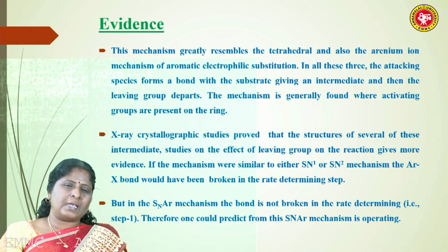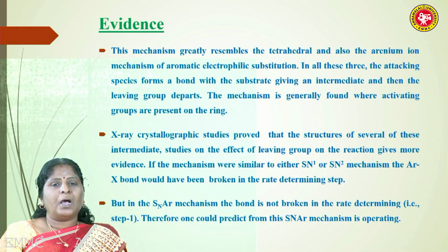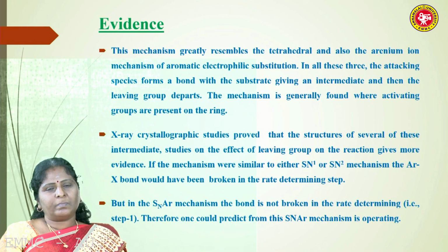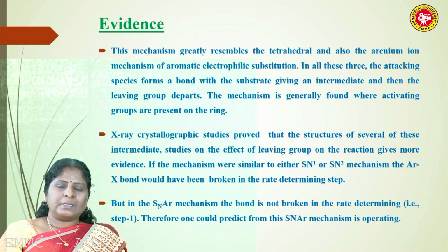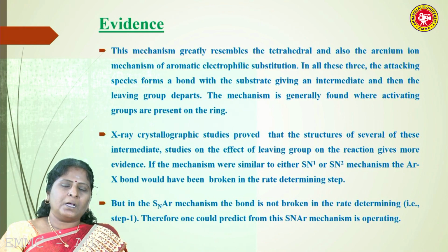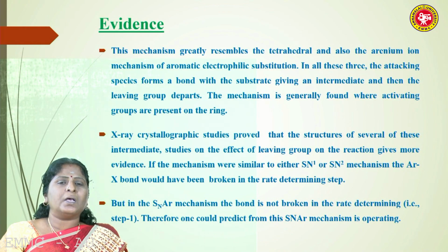That means the SN-AR mechanism is quite different from the normal unimolecular and bimolecular mechanisms of aliphatic substrates. This is because the SN-AR mechanism occurs in two steps, similar to the unimolecular SN1 mechanism operating in aliphatic substrates.